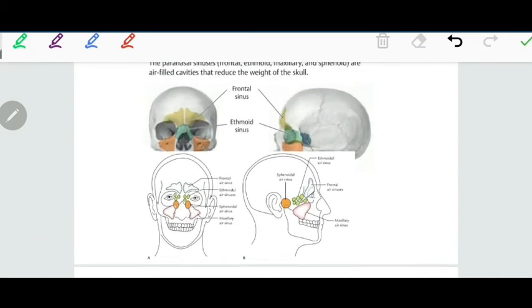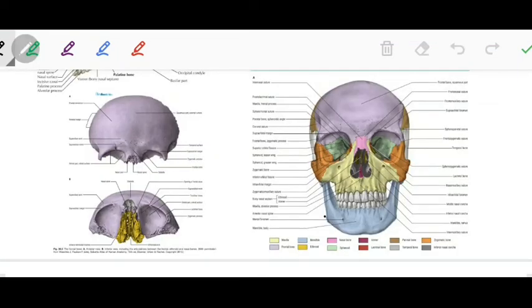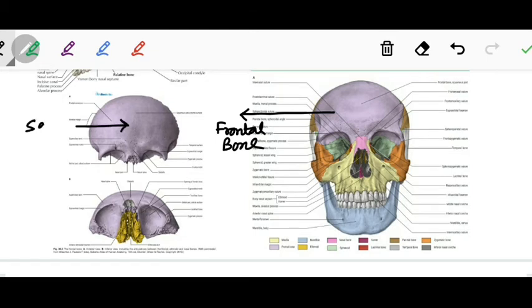Now I will discuss the individual sinuses one by one. Next, I would like to talk about the frontal air sinuses. First, let me show you the frontal bone which forms the forehead. This frontal bone has a squamous part, which is a large plate-like part which forms the forehead.